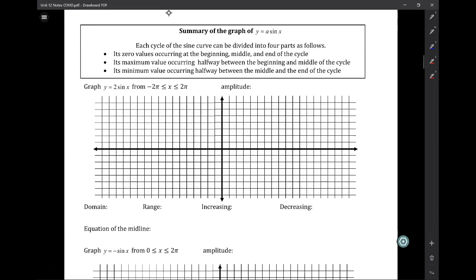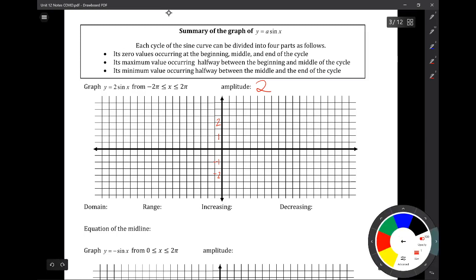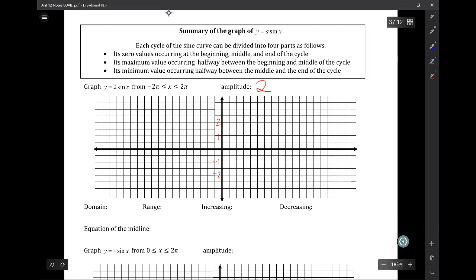So let's graph sine of x over the same interval, but this time it has an amplitude of 2. So now instead of only going up to 1, it's going to take the exact same shape, but it's going to go up to 2 instead. So if we want to label just like we did last time, we skip 2 lines.